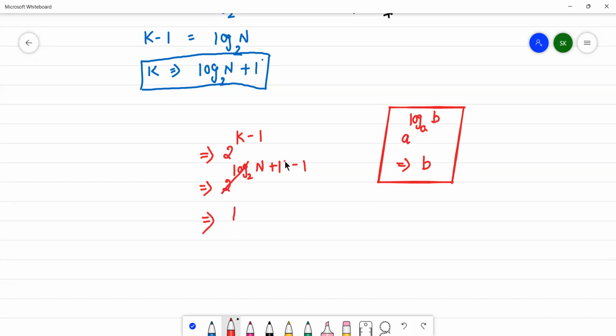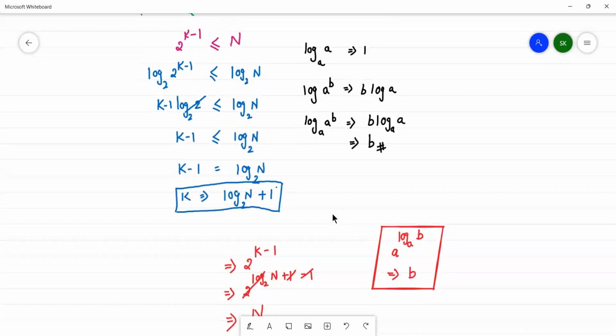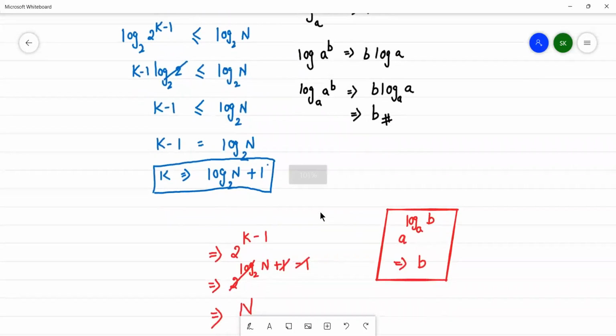The plus 1 and minus 1 will cancel, and here you will only get n. This indicates that the 2 to the power k minus 1 term is almost equal to n, which we proved in our time complexity. Clear? I just showed you all the reverse mechanism of it. Are you all clear with this?